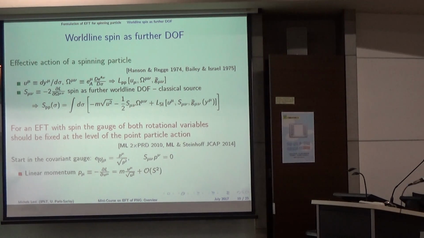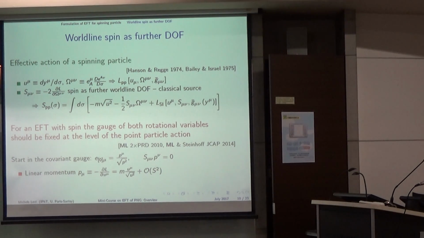It's convenient for us also in the context of EFT to have this spin, because we want to think about it as a classical source on the worldline, which will emit gravitons. So this is something important that one should have in mind: we actually switch from having one degree of freedom that describes rotation to having two degrees of freedom, which are conjugates.